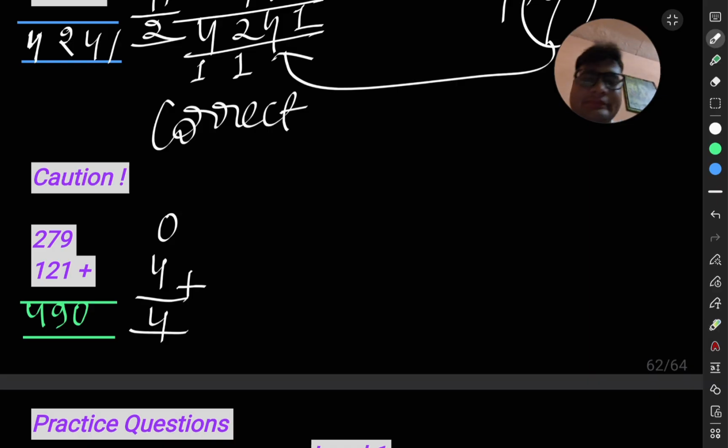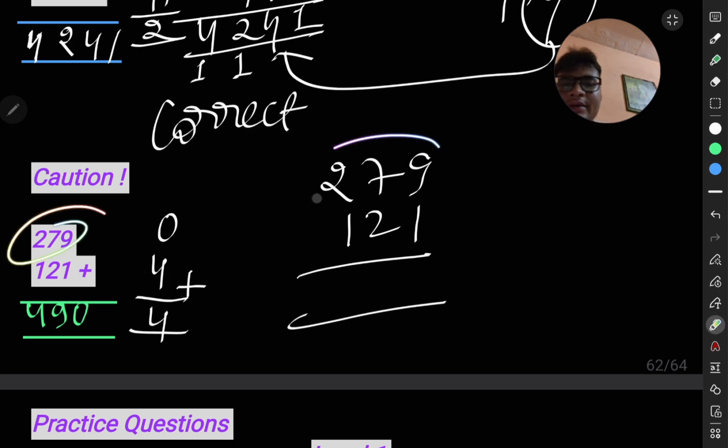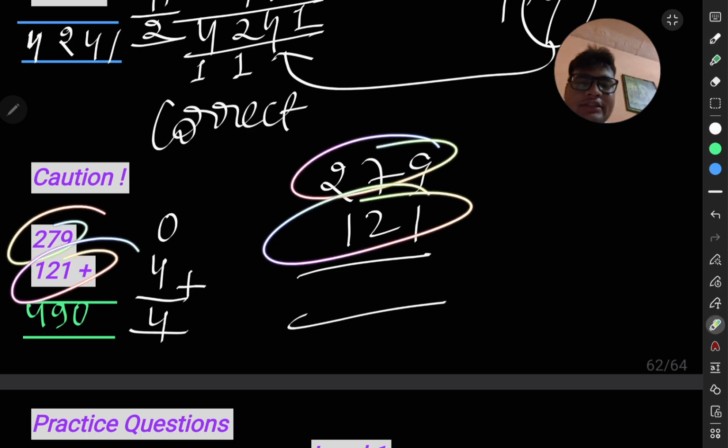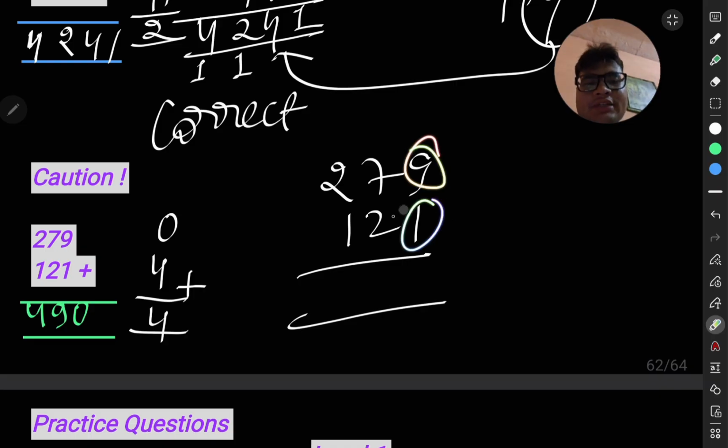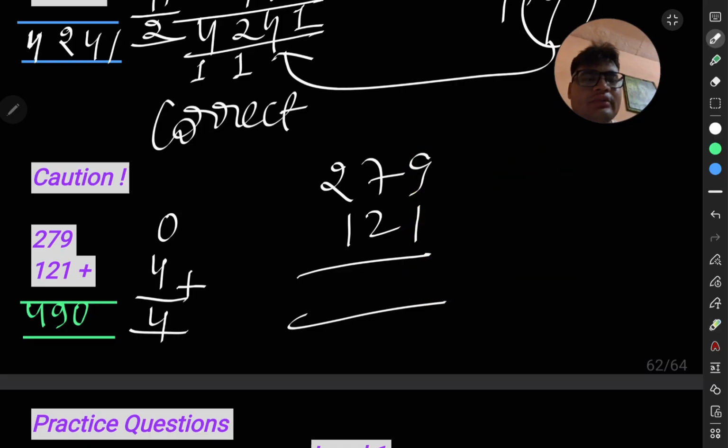We have to check. 729 and 121, these numbers are written here. 9 plus 1 will be 10, so we write 0 here and 1 is carried.